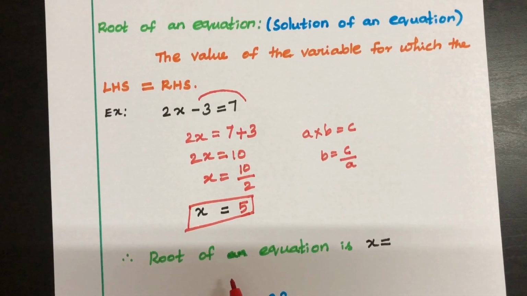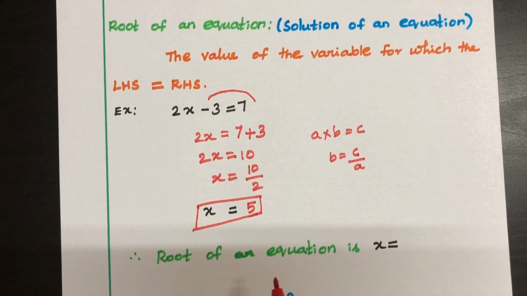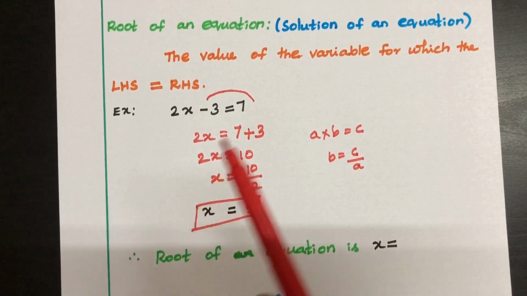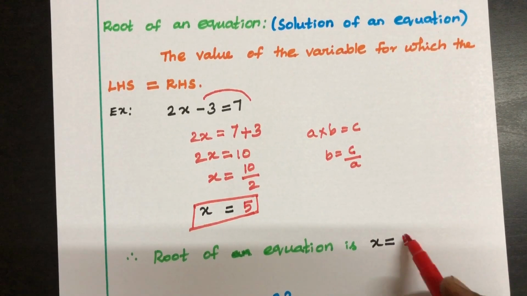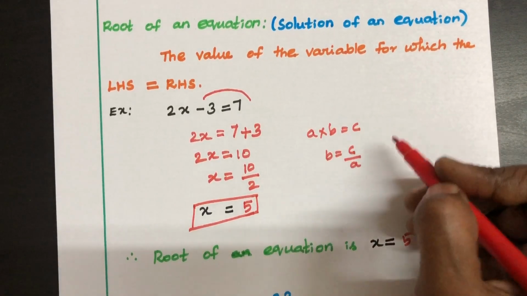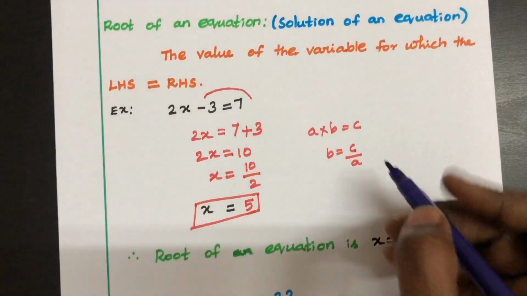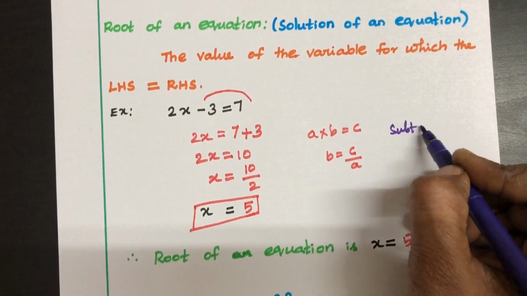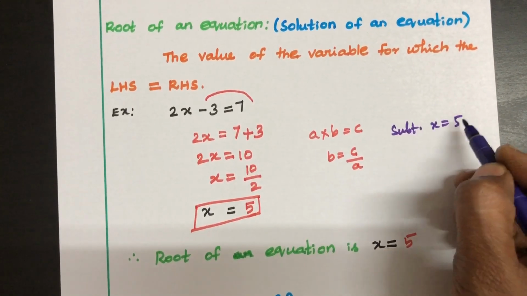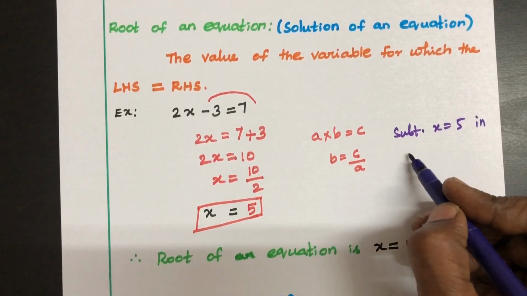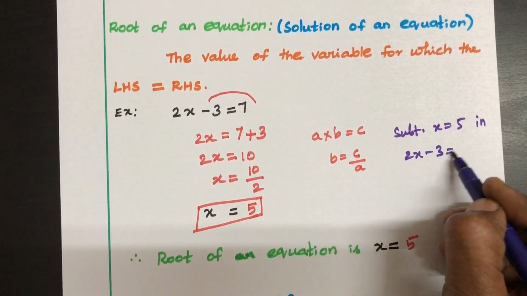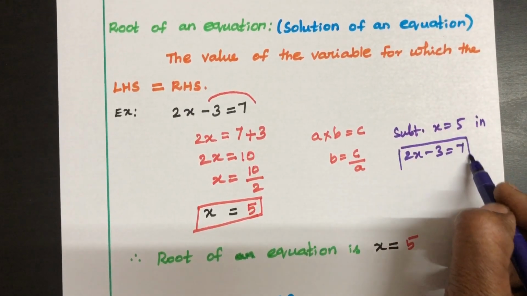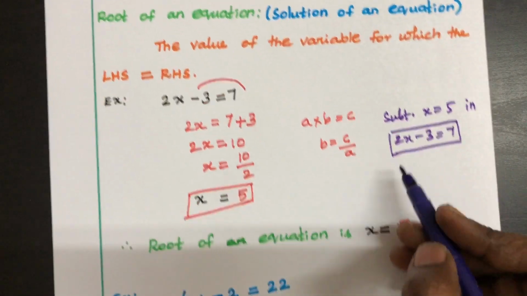If you want to verify whether it is the root or solution of an equation, what do we need to do? Substitute x equal to 5 in the equation 2x minus 3 equal to 7. Just substitute, and we will get an equal value.